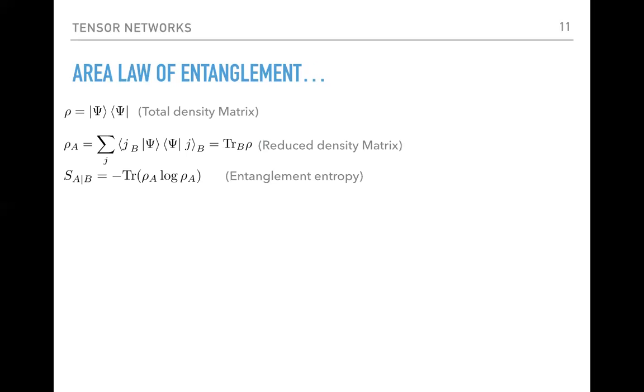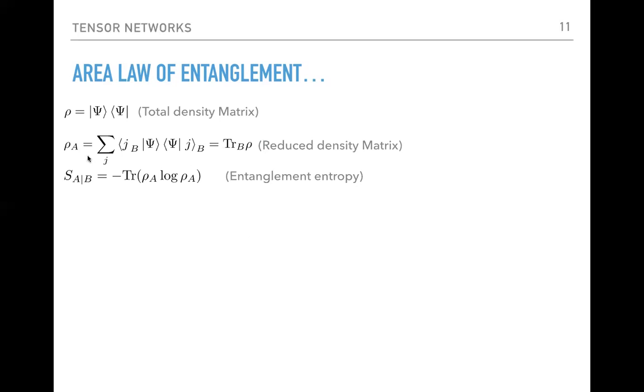If you have a pure state, you are able to define what is called the density matrix. And what you can do is to also define a reduced density matrix, which is basically you split up the system into an A part and a B part, into two subsystems.